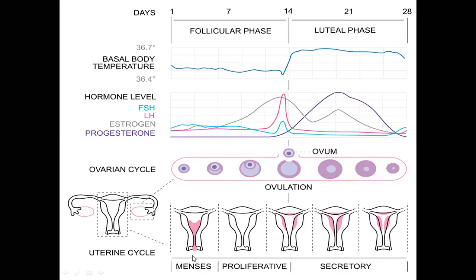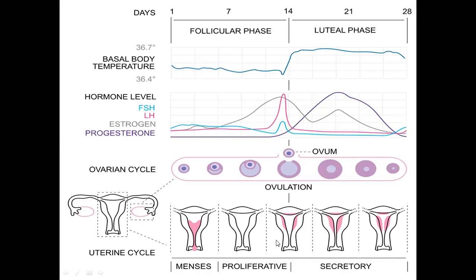You can see here in this diagram, it is the bleeding phase, called menses. Why? Because there is no support of progesterone hormone, so bleeding happens, the shedding of the endometrium lining of the uterus. In this phase, this is the proliferative phase.